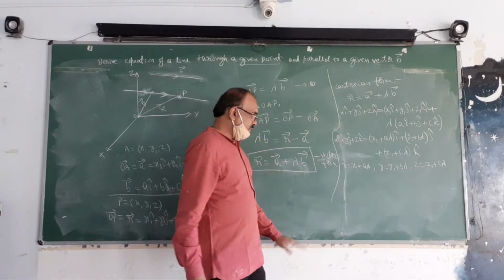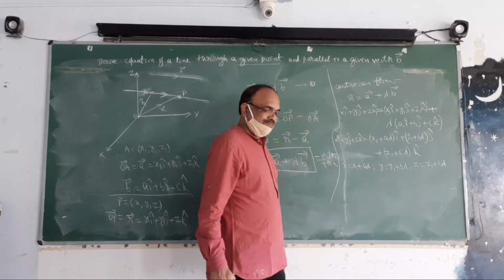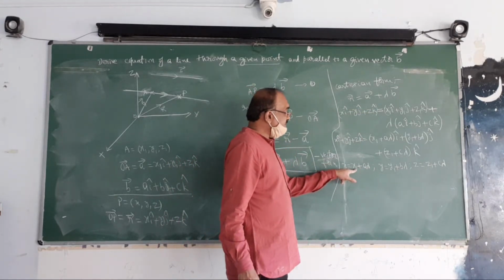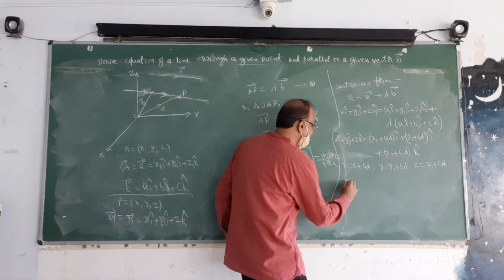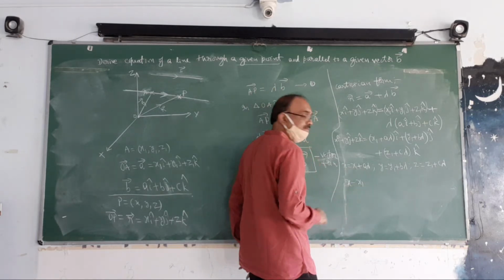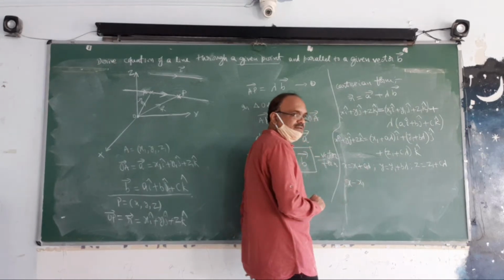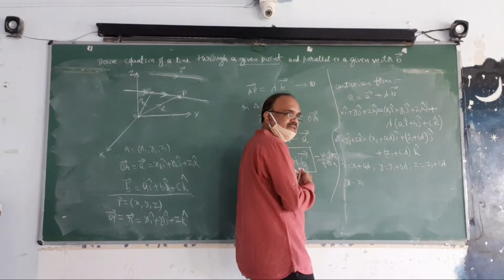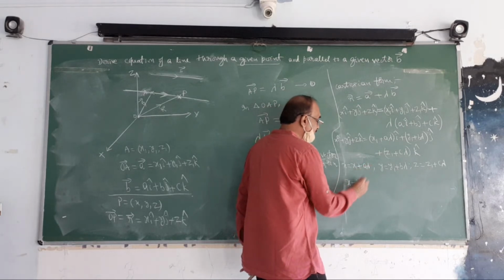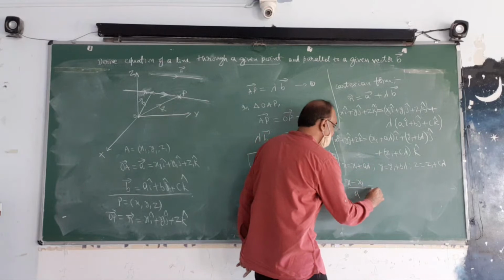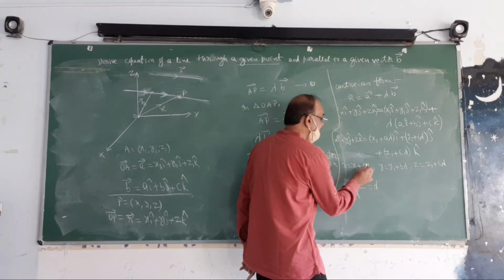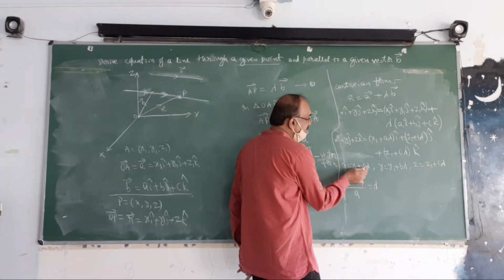Okay? Now, next, last, final step. So this plus x1 goes to this side. What happens? x minus x1 is equal to a lambda. A also you can send to this side. Here it is multiplying, so if it comes here, it divides. Equals lambda. Is it okay? Here, lambda keeping one side, all the other things on the other side.